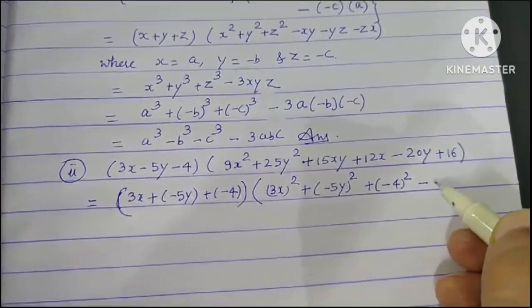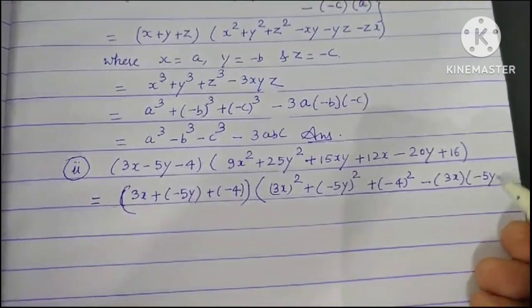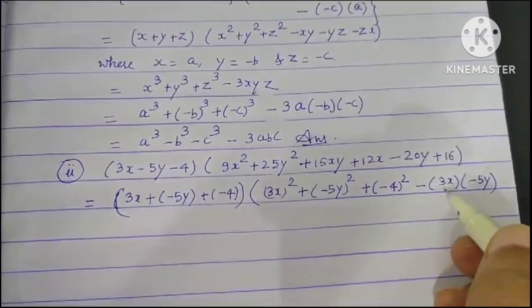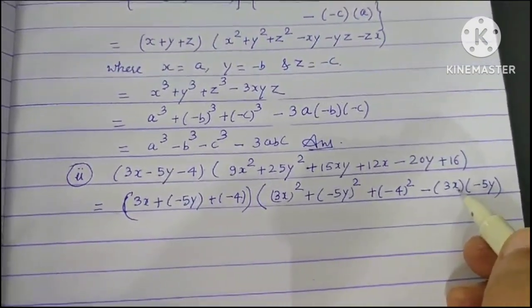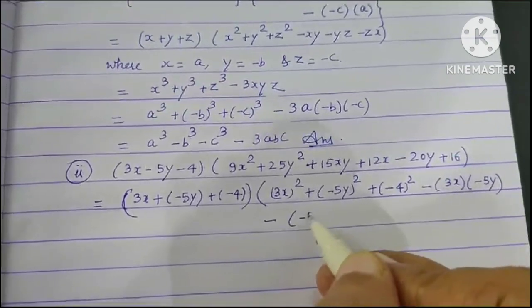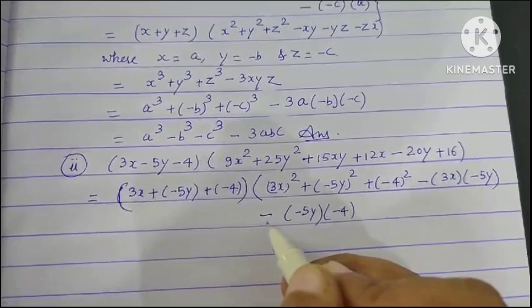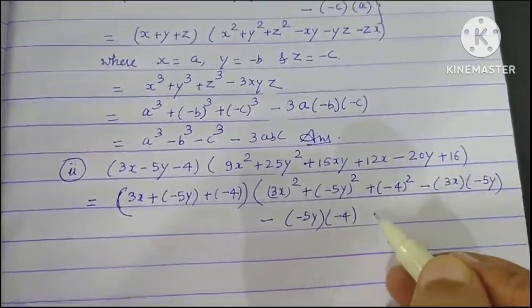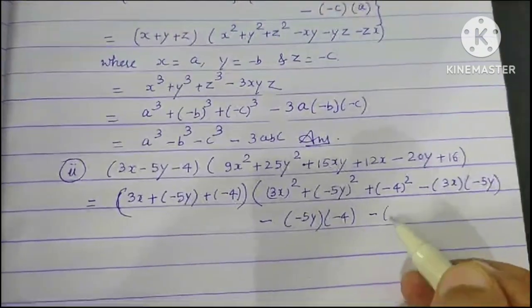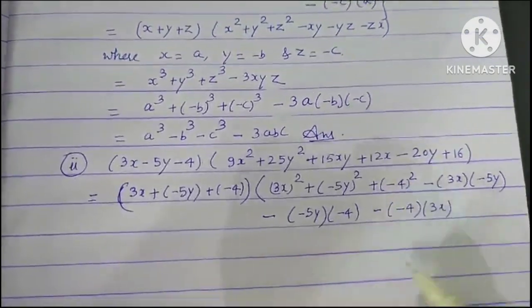Now minus xy, minus x is 3x and y is minus 5y. So minus plus and 5 threes are 15, 15xy. Now minus yz, y is minus 5y, z is minus 4. So minus plus again minus 20y, this one. Minus again zx, z is minus 4 and x is 3x. So minus plus 12x, this one.